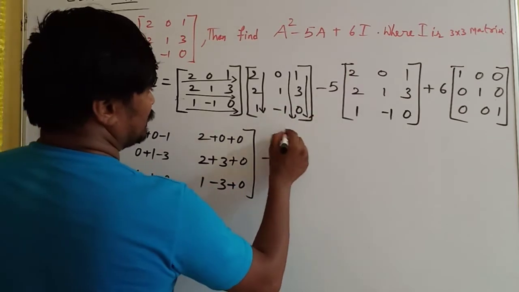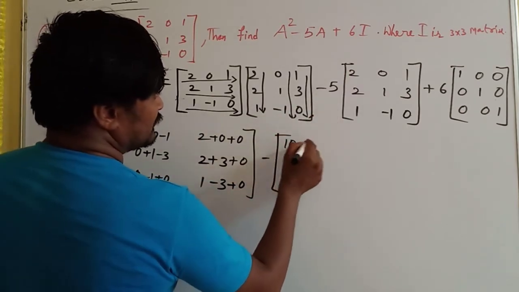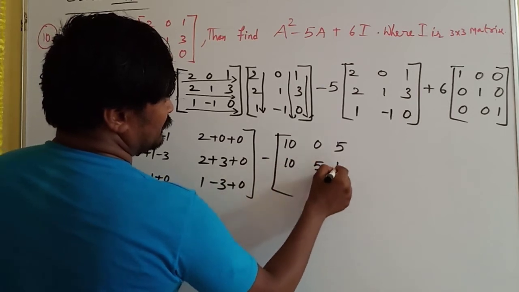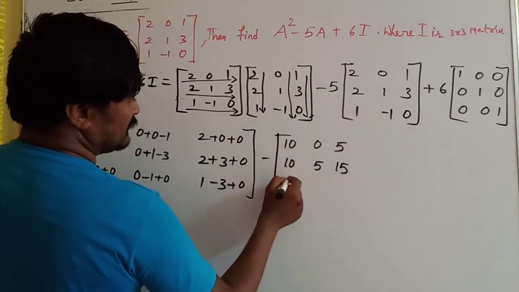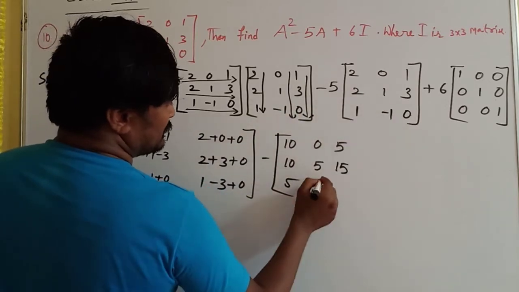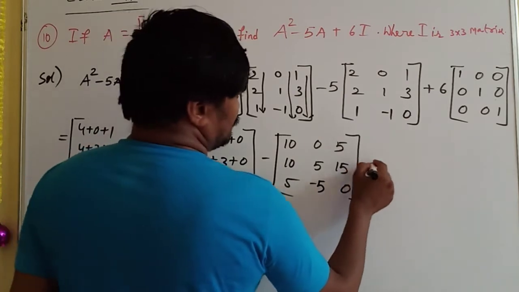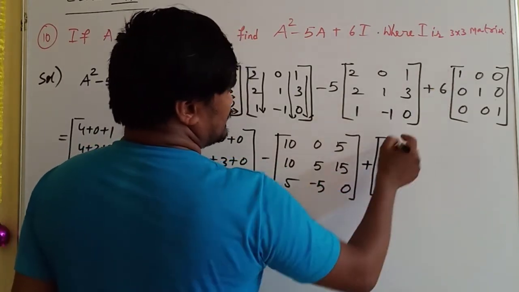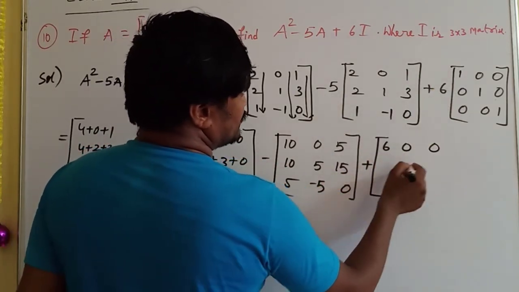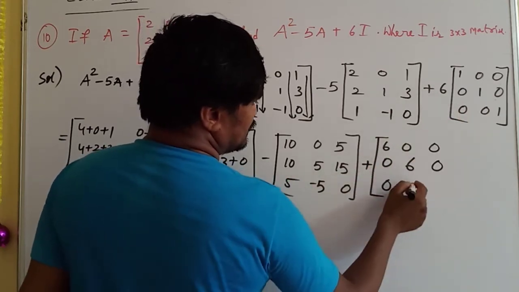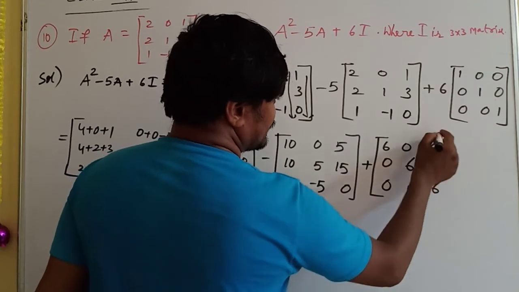Minus 5 times the matrix, multiply: 5 2s are 10, 5 zeros are 0, 5 1s are 5, 5 2s are 10, 5 1s are 5, 5 3s are 15, 5 1s are 5, 5 into minus 1 is minus 5, 5 zeros are 0. Then plus this: 6 1s are 6, 0 0, 6 0 0, 6 0 0, 6 1s are 6, 6 0 0, 6 zeros are 0, 6 0 0, 6 1s are 6.